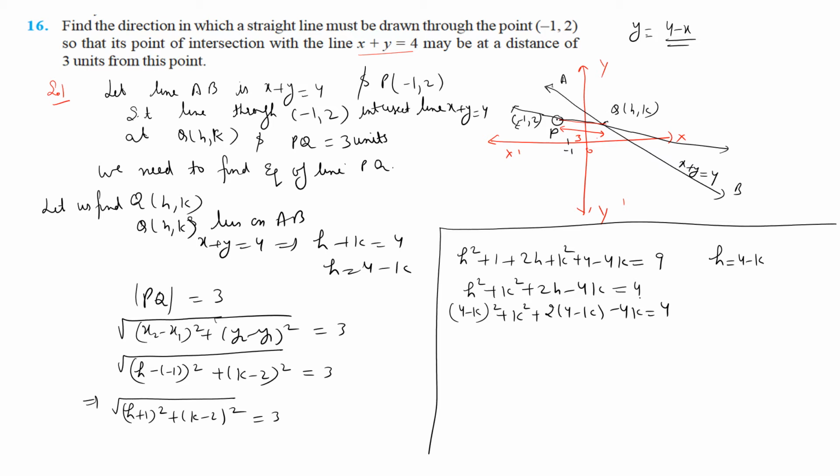So 16 plus k square minus 8k plus k square plus 8 minus 2k minus 4k minus 4 equals 0.